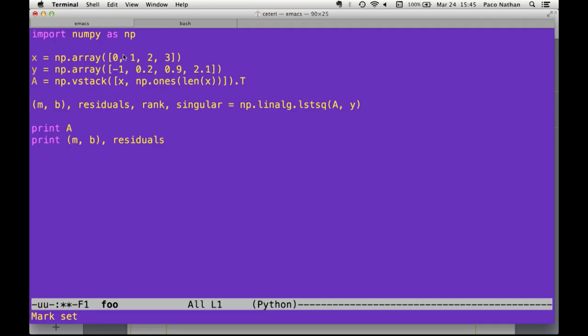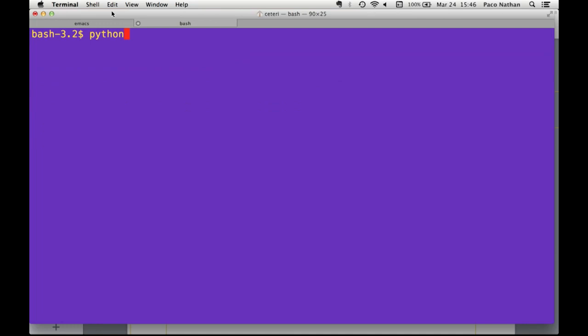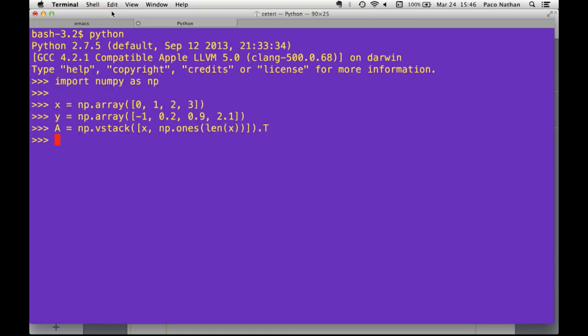Okay, I've got some Python, again using NumPy. I'm going to represent my x's and my y's. I've got those in vectors. And then I'm going to build a matrix A out of my x's and put 1s in the other column. So let's take that. Okay, so if I look at x, I've got the x values.